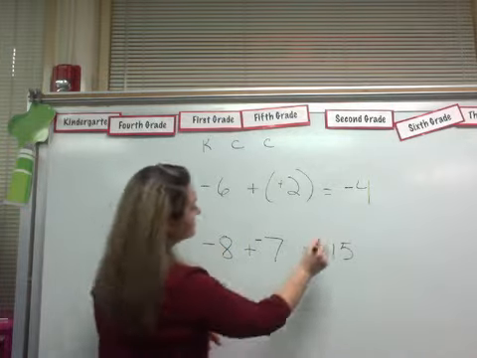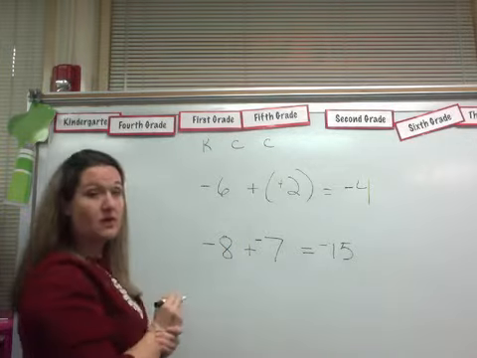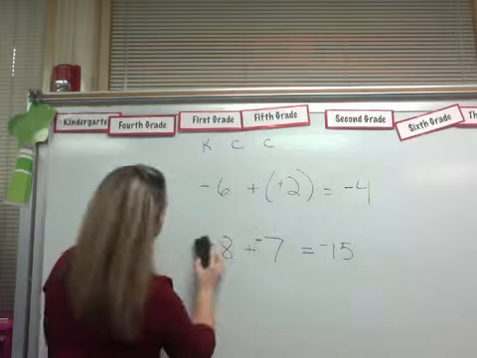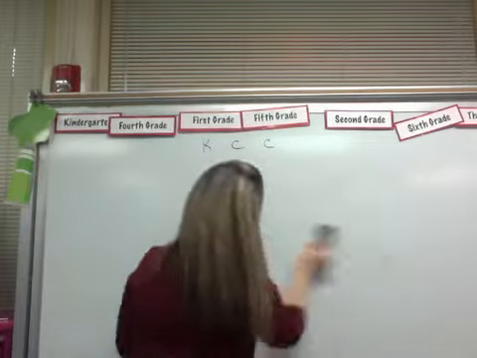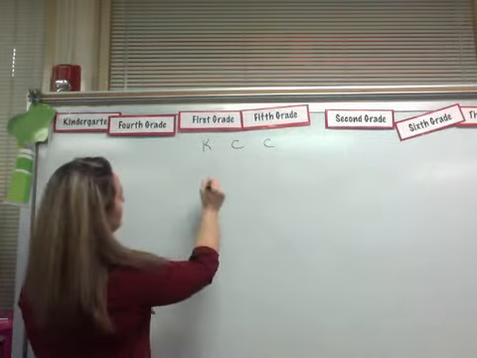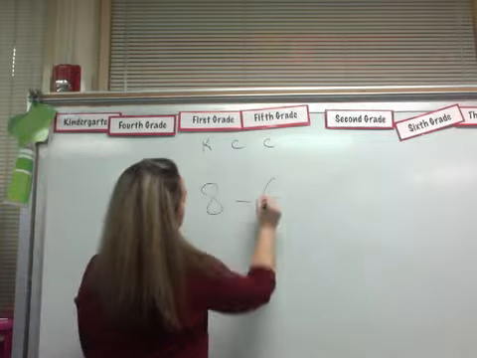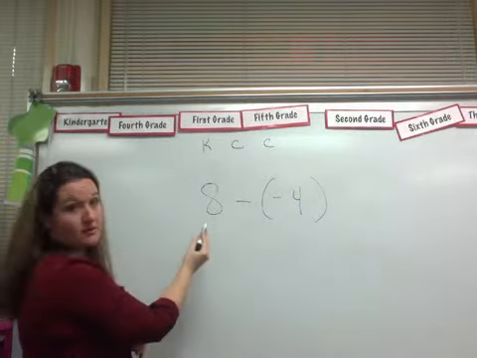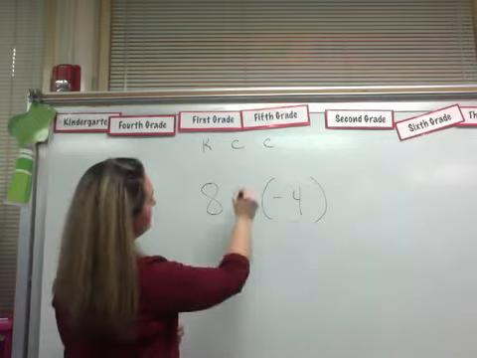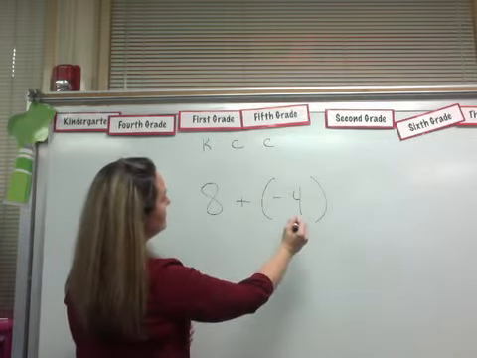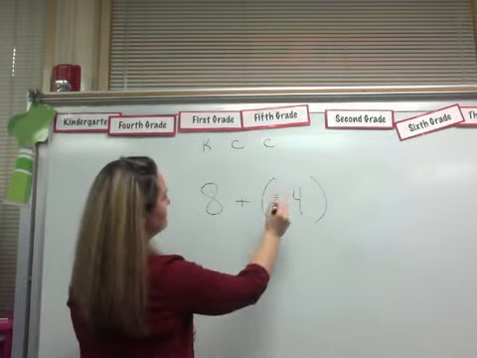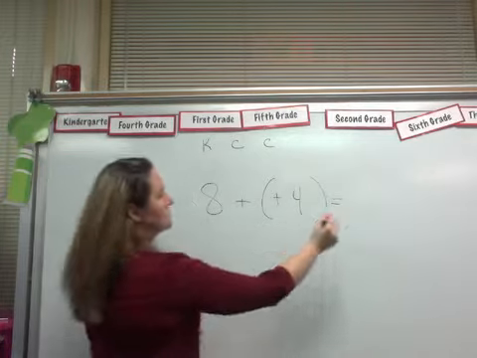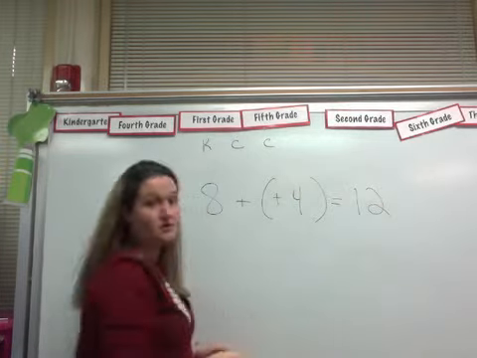They're both negative, so my answer is negative 15. One more. 8 minus negative 4. First number, keep. Process, change. Second number, change. Negative 4 now becomes positive 4. 8 plus 4, and 12 is my number.